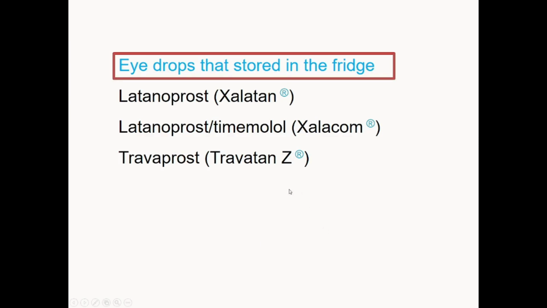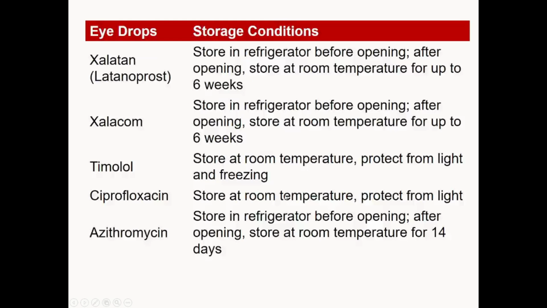So these are all the prosts, the prostaglandin analog eye drops. They are all stored in the fridge. However, some eye drops, such as timolol, can be stored at room temperature. So there are other storage conditions for eye drops.